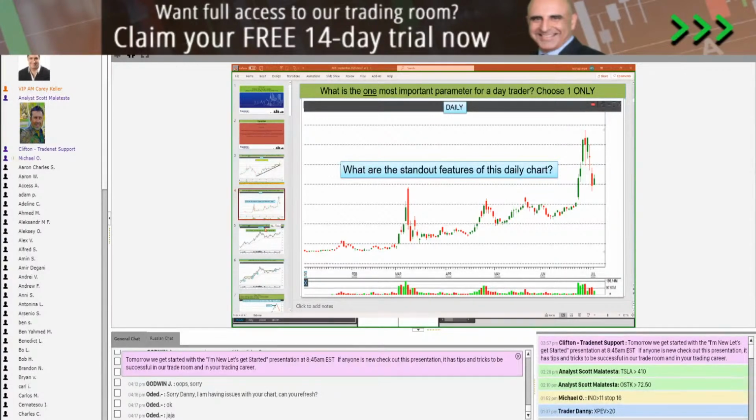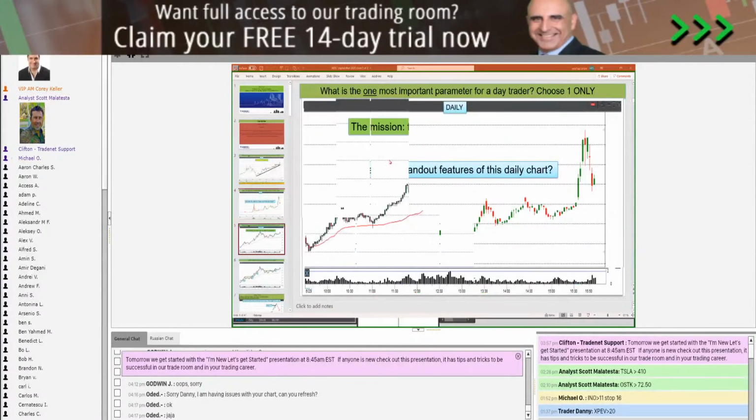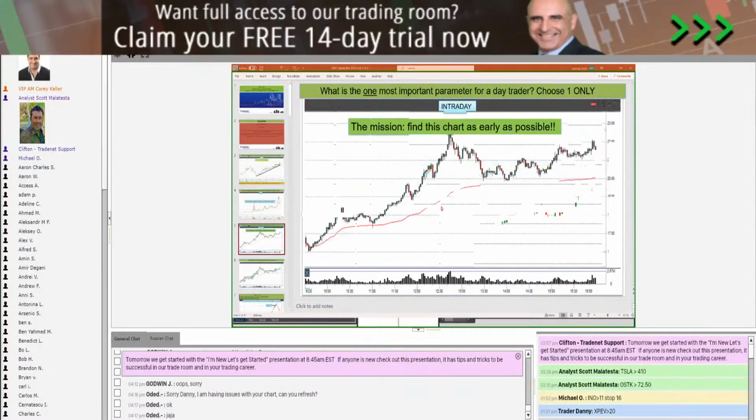So again, it's very important to find this intraday chart to trade as early as possible. If you can find it as early as possible, you can take advantage of the technical patterns that are available on this chart, and we are going to discuss these technical patterns in a split second.